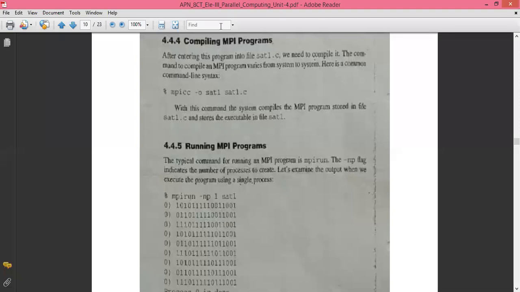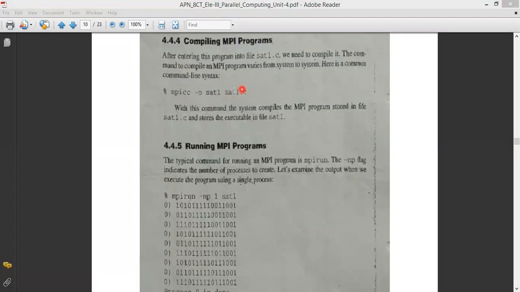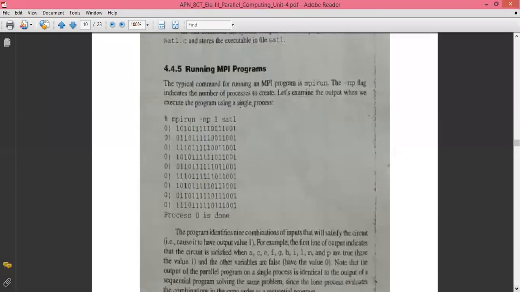This is the executable file; whatever compiled code is produced is stored in it. After that we execute the program, running the MPI program by mentioning the number of processes. Now here, MPI has given all the powers to the programmers.